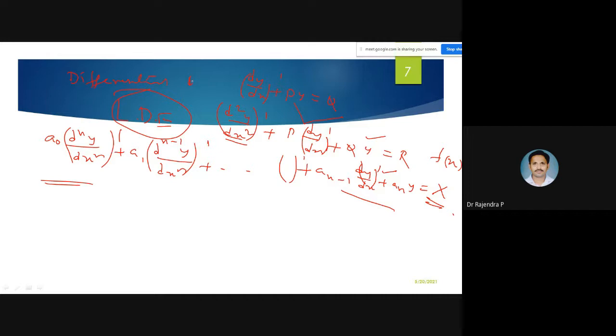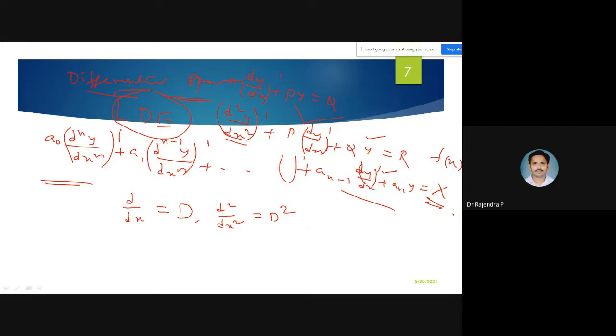Wherever I have d by dx, I am going to replace it with capital D. In place of d by dx, I am replacing with capital D. Suppose I have d square by dx square, then I replace with capital D square. This D stands for your differential operator.